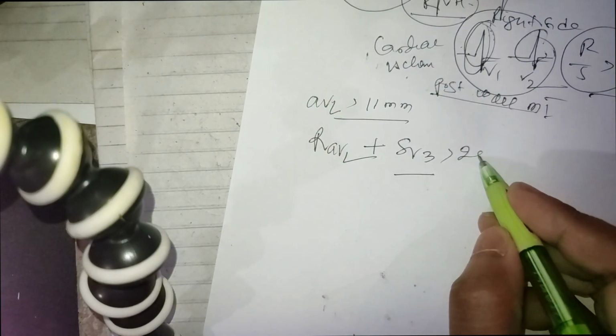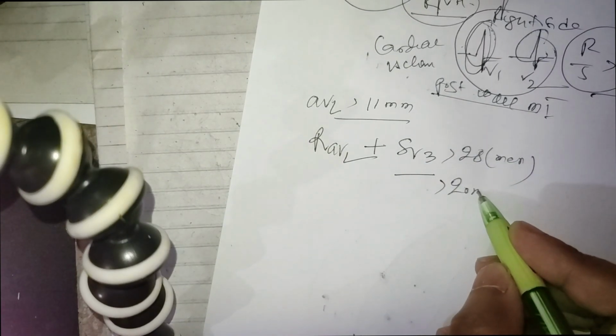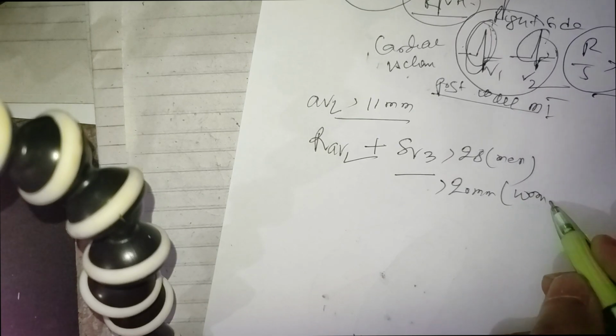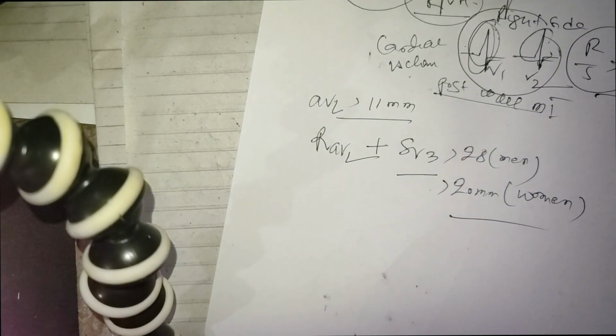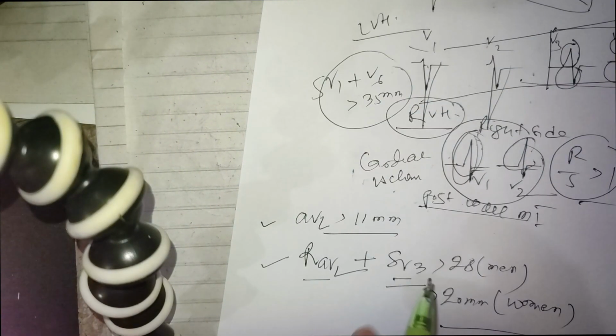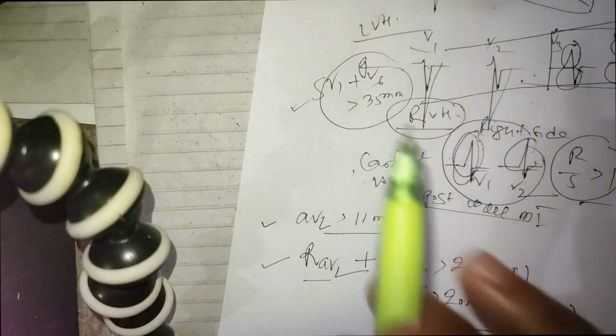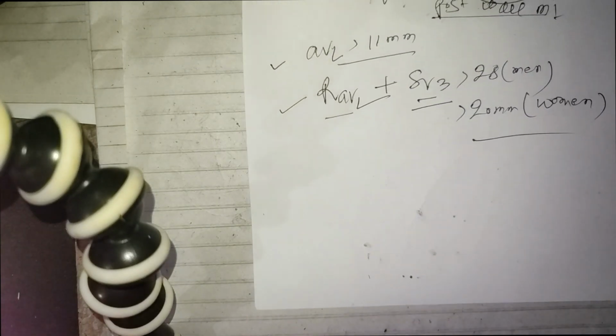If it is more than 28 mm in men and more than 20 mm in women, that is also one of the criteria of LVH. So I told you three criteria: one is R in AVL, one is R in AVL plus S in V3, and this S in V1 plus R in V6. So just remember three criteria.